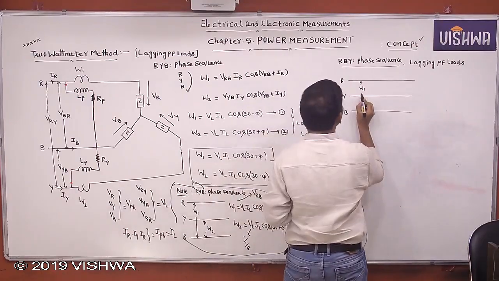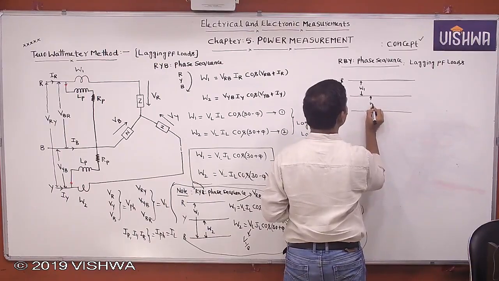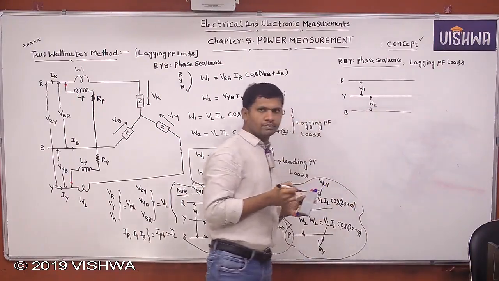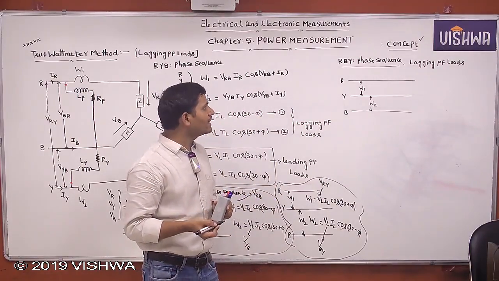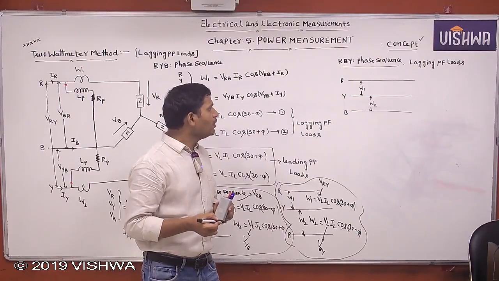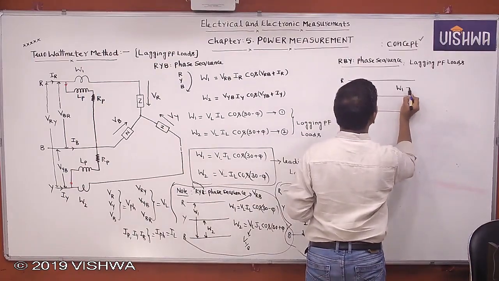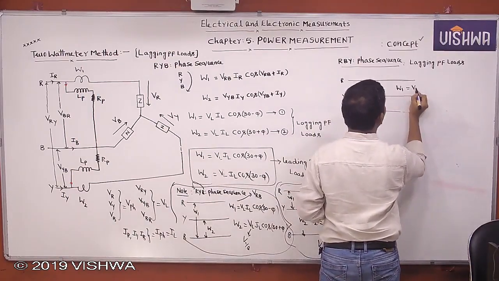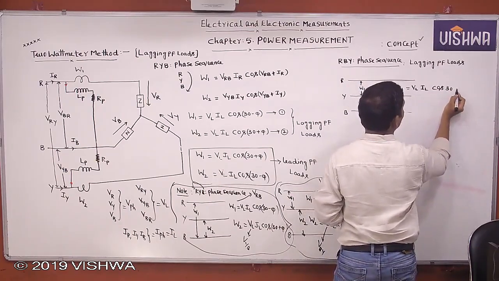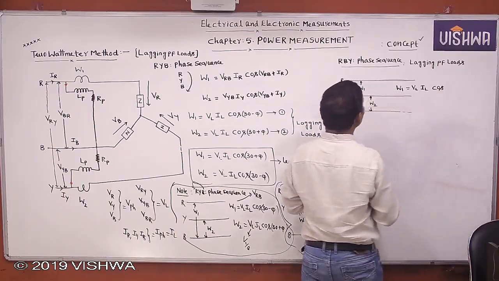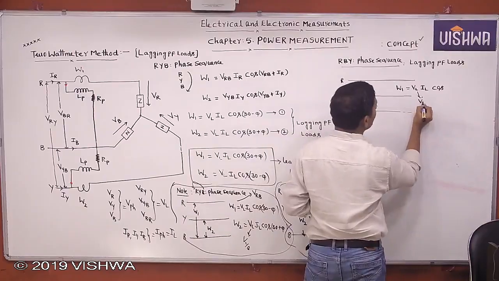W1 is connected between R and Y. Then W2 is connected between B and Y. Then what is the W1 reading, tell me? W1 is VLIL, is it cos(30 plus phi) or cos(30 minus phi)? That you will see. W1 is connected between R and Y, which means VRY.